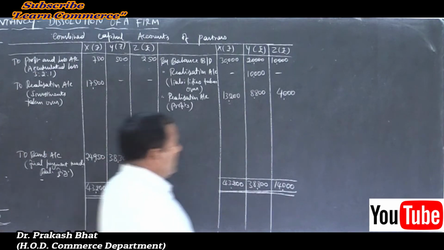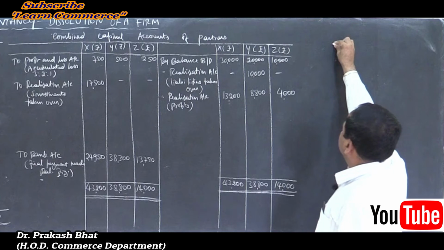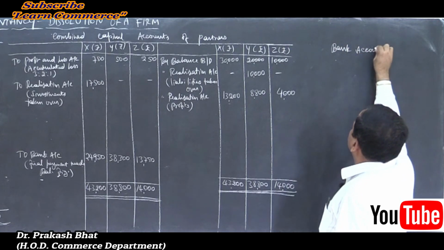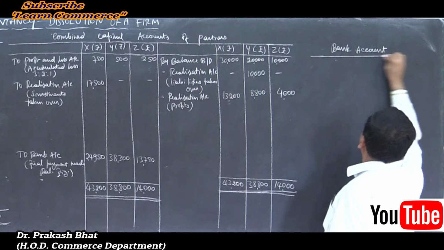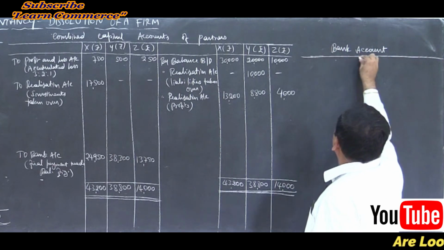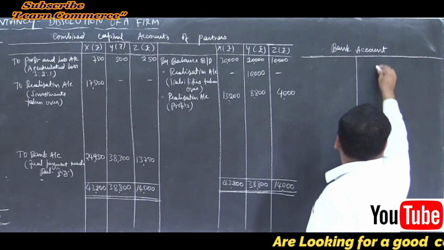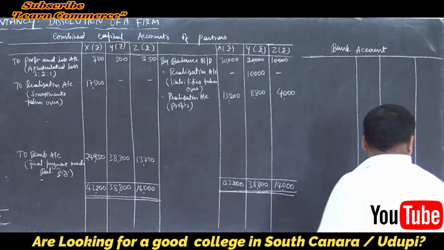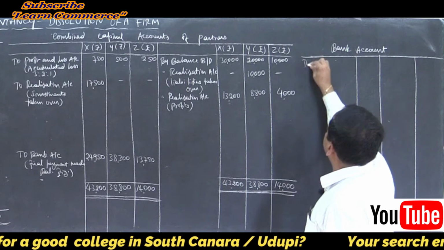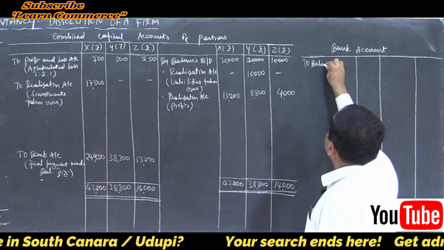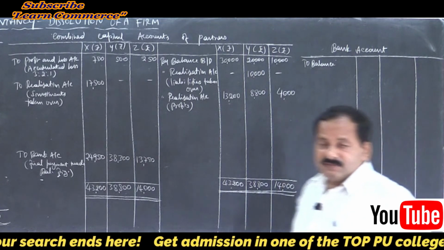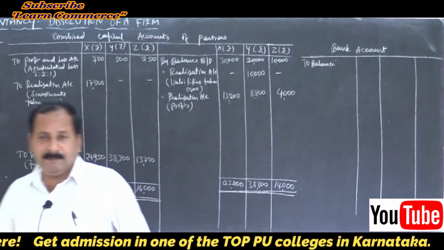Now let us move on to the last part, that is bank account. To balance brought down, write debit, credit, particulars, amount in rupees. It's mandatory, I must write.